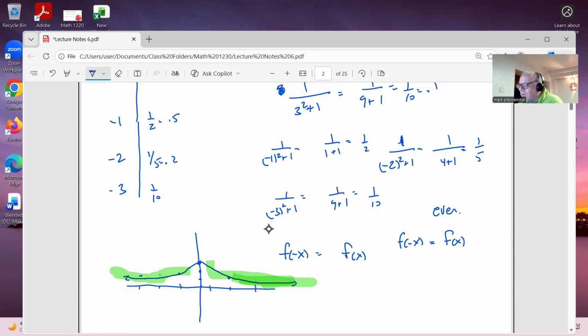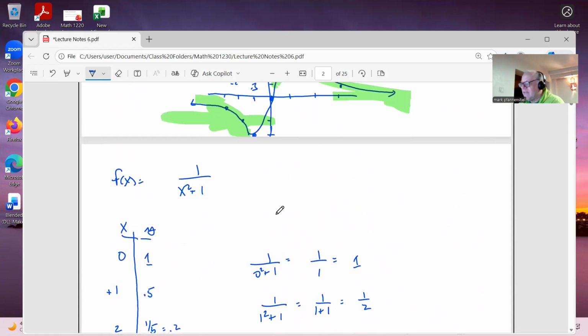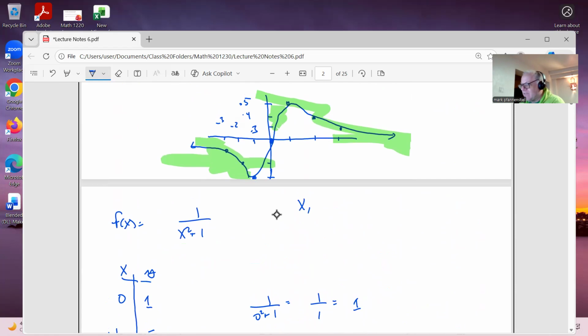One of the reasons we call them even and odd is that x squared, x to the fourth, x to the sixth, x to the eighth, and so on all have the same kind of shape. Going back to odds, we have x, x cubed, x to the fifth, x to the seventh, and so on. They all tend to have this kind of symmetry attached to them.